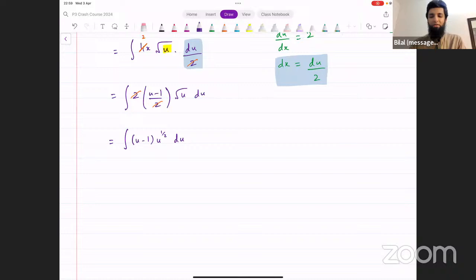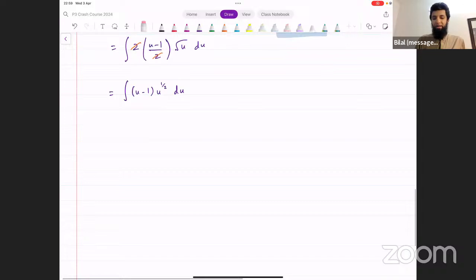How do we integrate this with respect to u? We can simplify first. One idea that might come to your mind at first would be that it's a product, so you could use integration by parts.